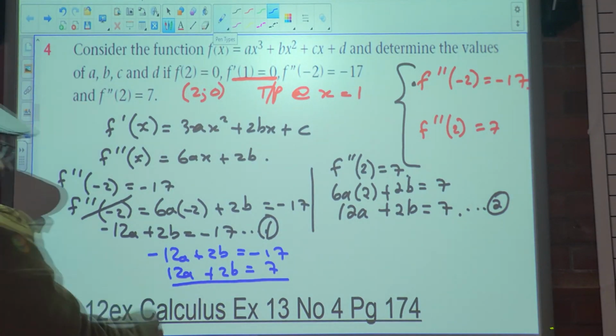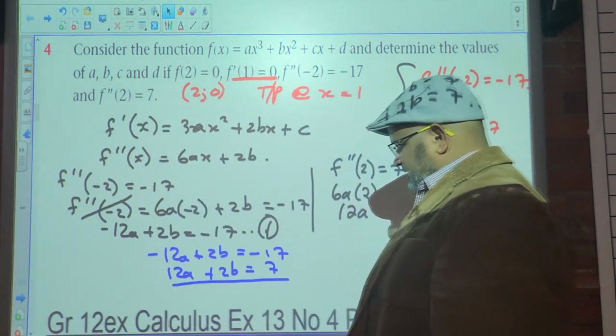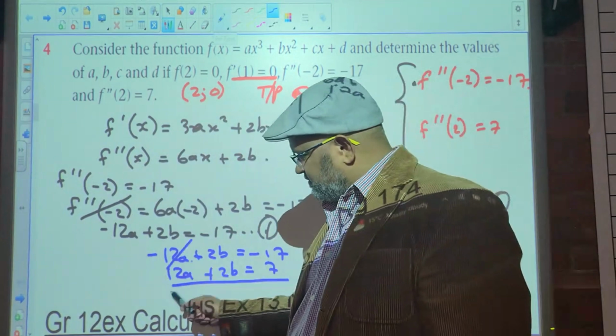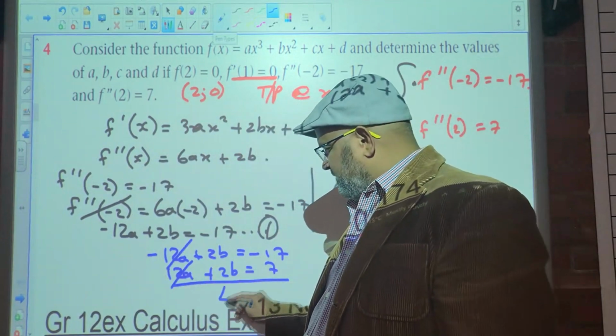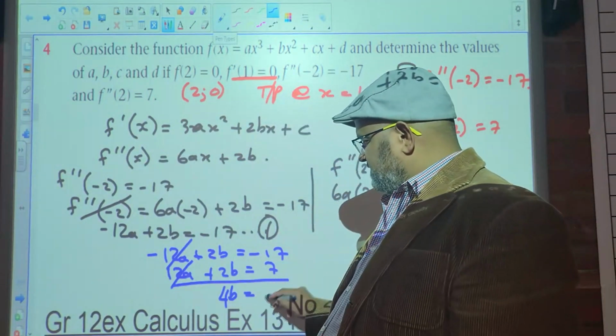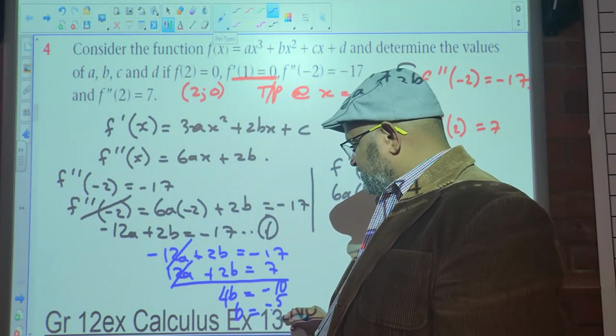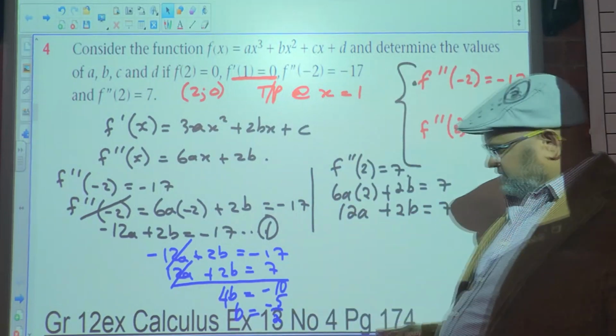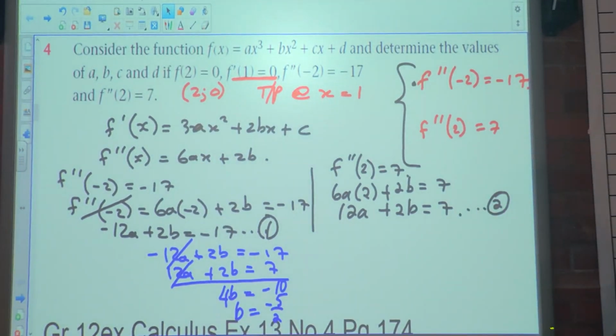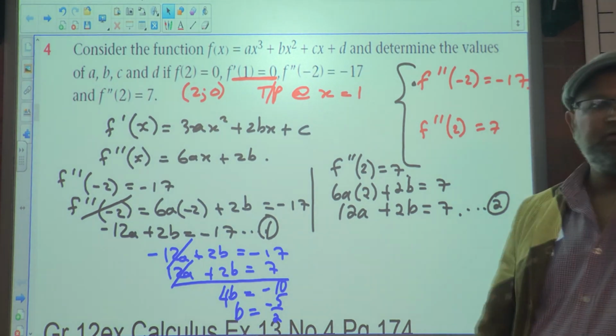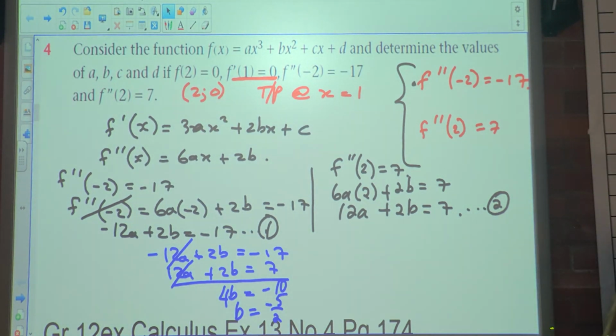So what do I do? I add this up, and that of course cancels. I'm going to get 4b equals negative 10. So I'm getting b to be negative 5 over 2. Let's check if that's correct. Is b negative 5 over 2? Okay, so b is negative 5 over 2.